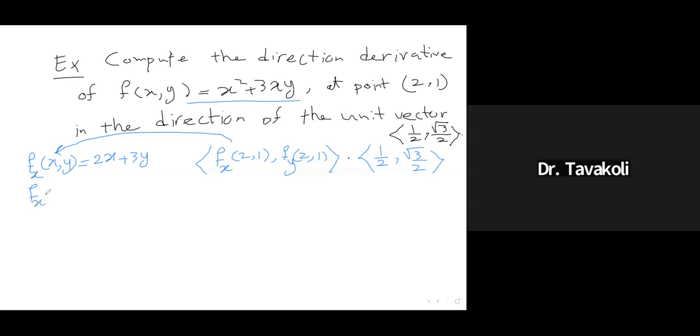So the partial derivative of f with respect to x at the given point (2, 1): I substitute 2 for x and 1 for y, and I'll get 7. So this coordinate of the vector is 7.